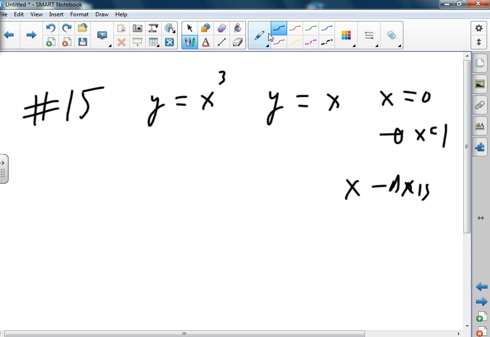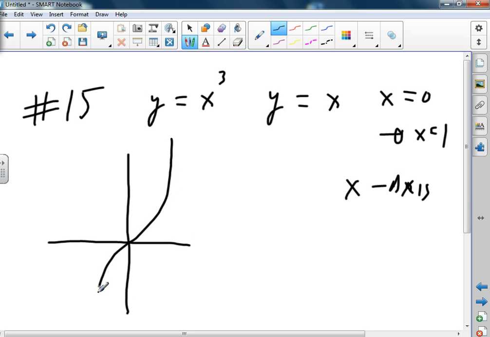Okay, so y is equal to x cubed looks something like this. Y is equal to x looks something like that.